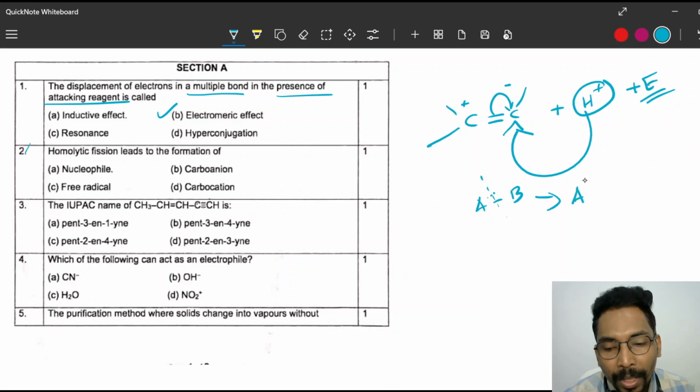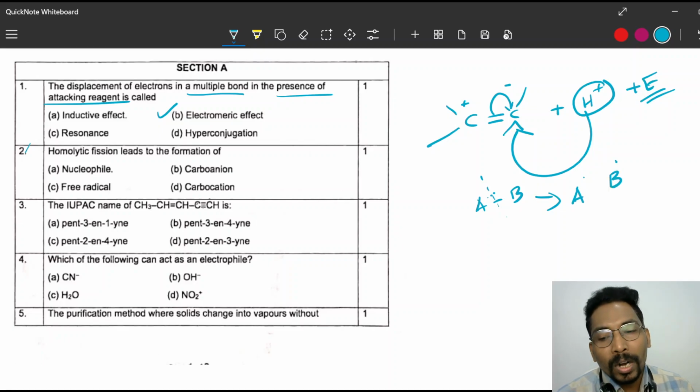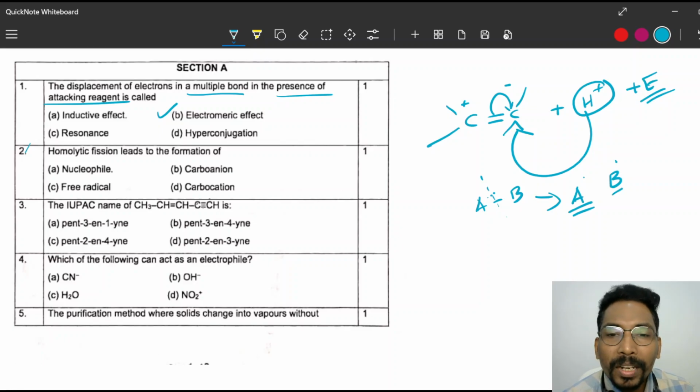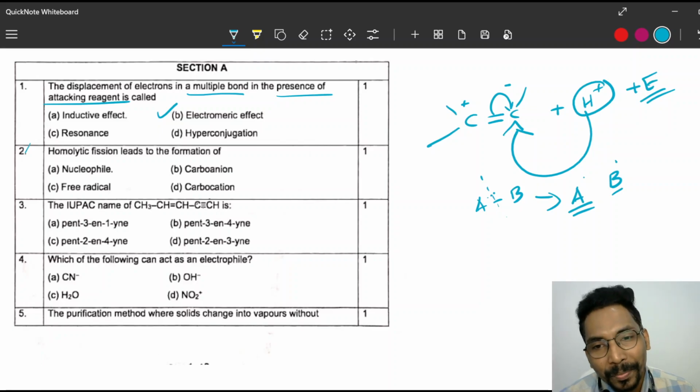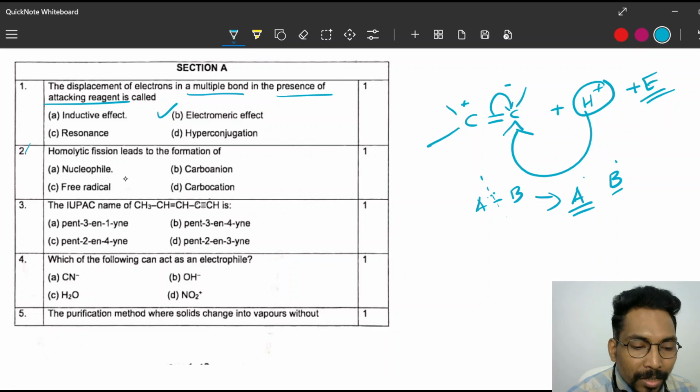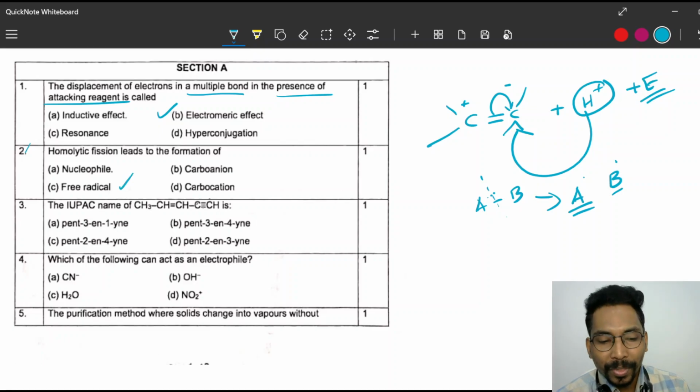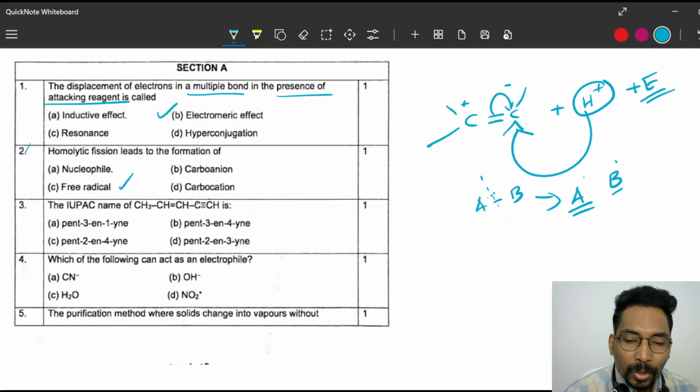For example, A is getting one electron, B is also getting one electron. What is this? These are free radicals. Free radicals are species having unpaired electrons, and they are highly reactive. So the answer is free radical. I hope you know the other one, heterolytic fission, which forms carbocations, carbanions and so on.